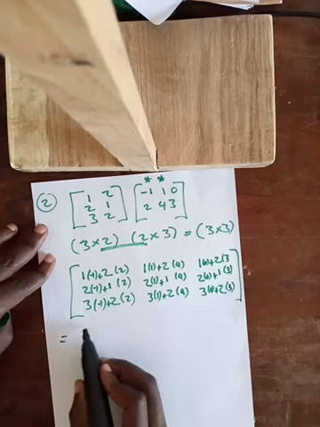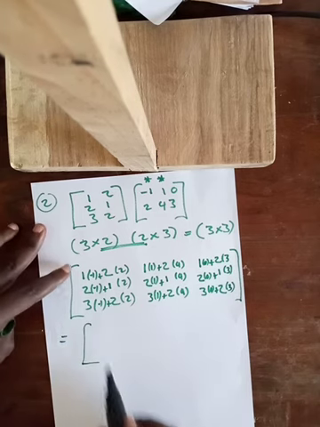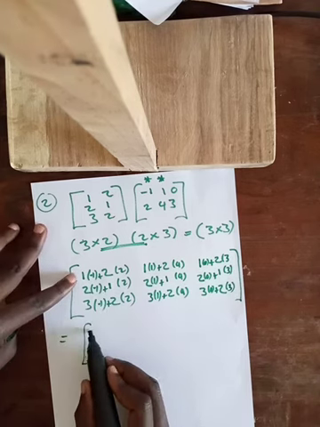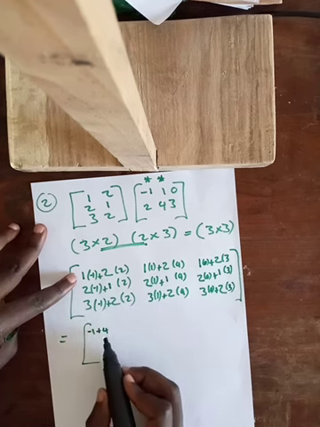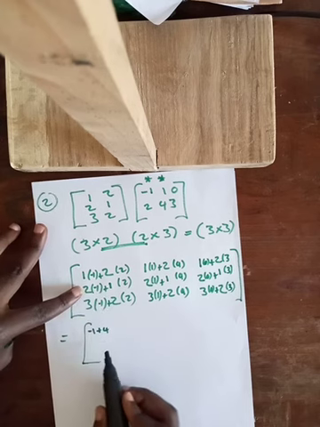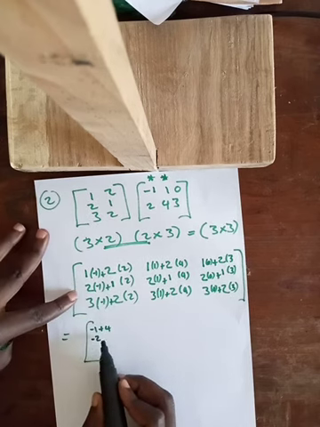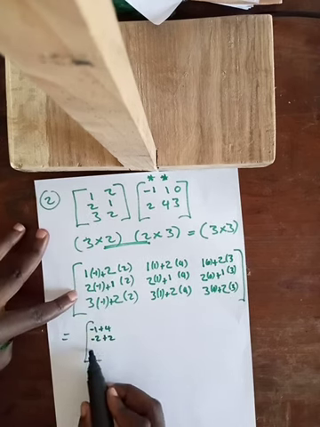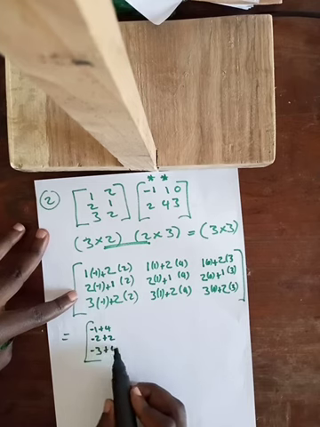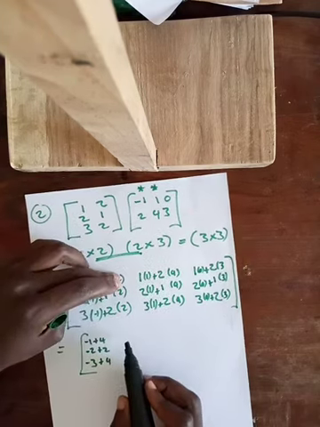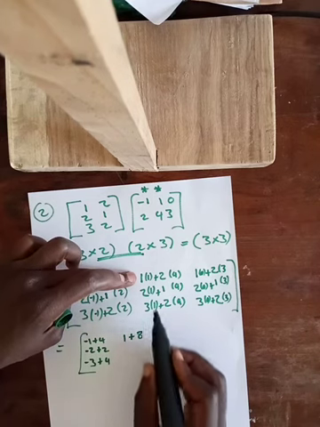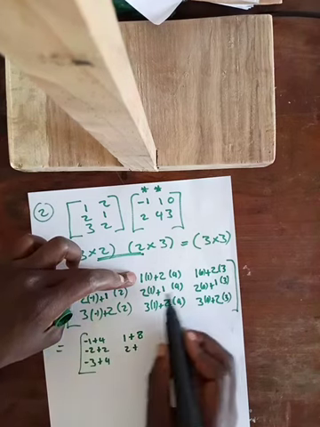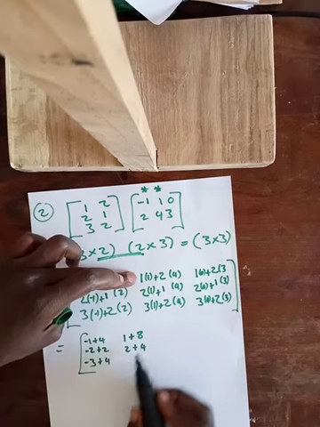So next, what you are going to do, you are going to simplify. So 1 times -1, you have a -1. 2 times 2, it is a plus 4. Then here 2 times -1, so you have a -2, you have a 2, you have a -3 here, you have a 4 here, you come here, you have a 1, and here you have a plus 8, and here you have a 2, here you have a 4, here you have a 3, here you have 8.